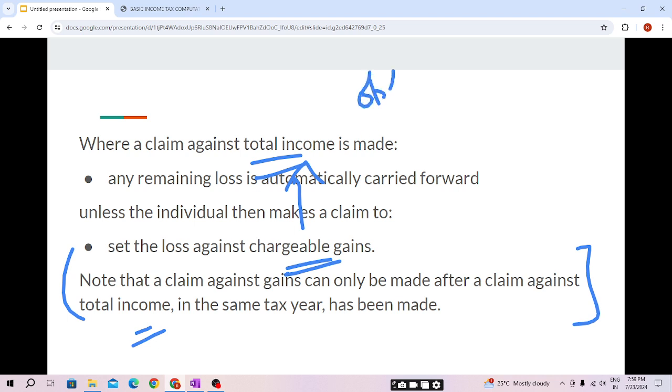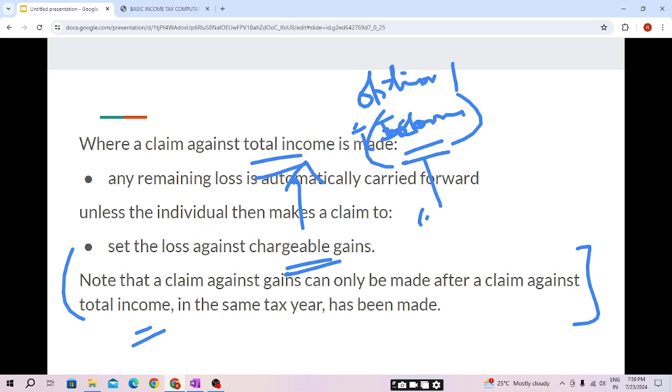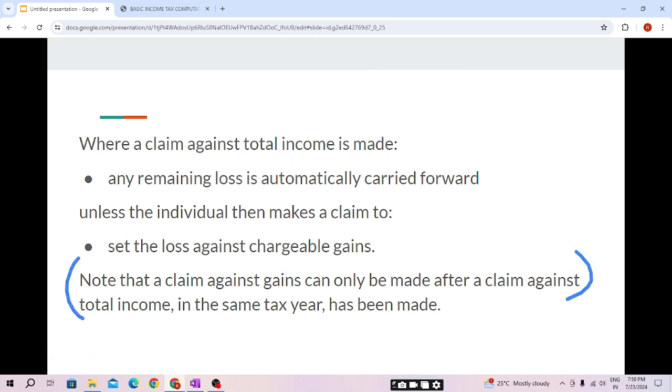So if I am opting for option number 1, that is total income, then to claim the chargeable gains, I first need to set off against the total income, and only then can the claim be made against the chargeable gains. This is an important point to note, students.